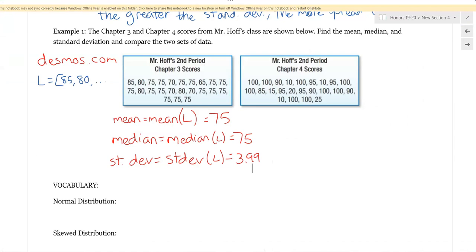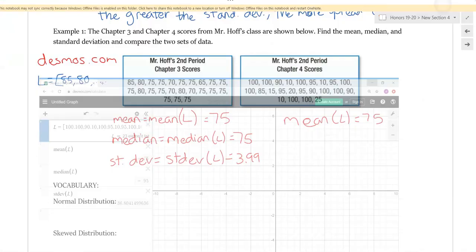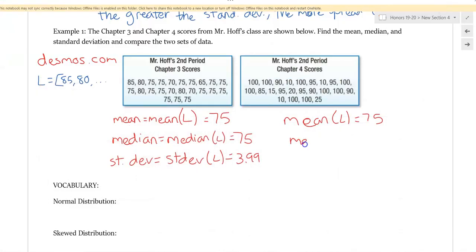So our mean of L is 75. Our median is 95. And our standard deviation of L is 36.8. Is that correct?